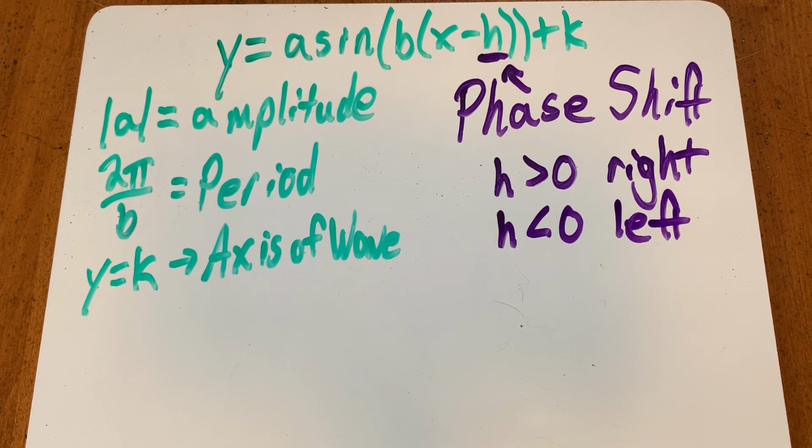This phase shift tells us how far we shift the whole function. We just pick it up and shift it h units to the right or to the left, depending whether it's positive or negative. All right, so let's take a look at an arbitrary function.